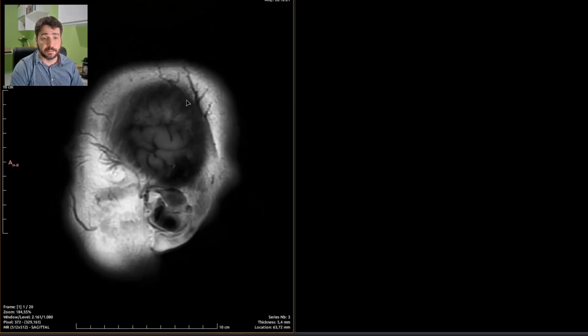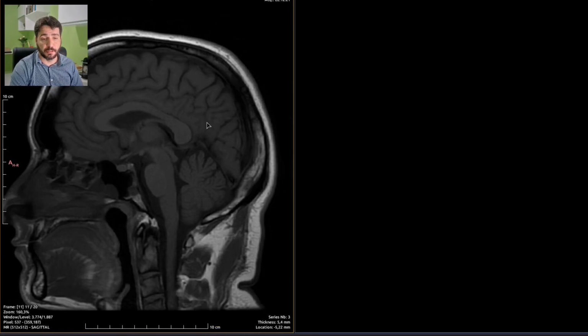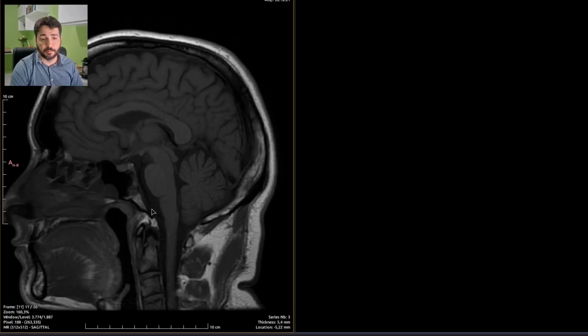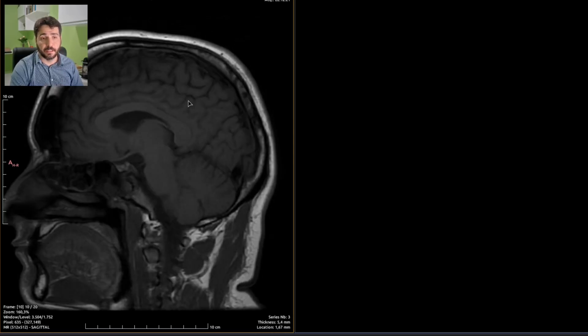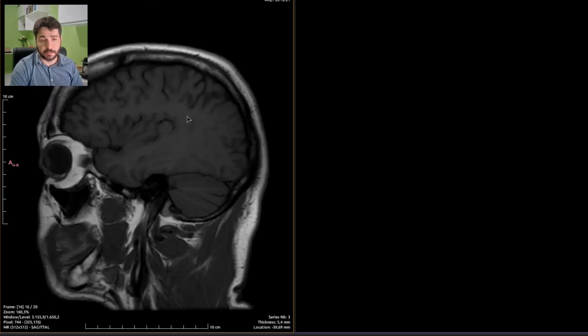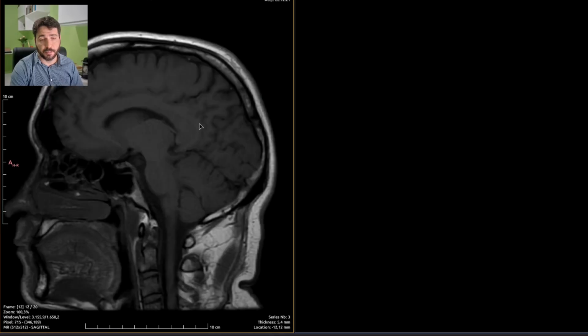So this is a sagittal T1 acquisition. Fluid is dark and fat is bright, and we can see grayish gray and grayish white as white matter and cortical matter. Gray and white matter are actually gray and white.